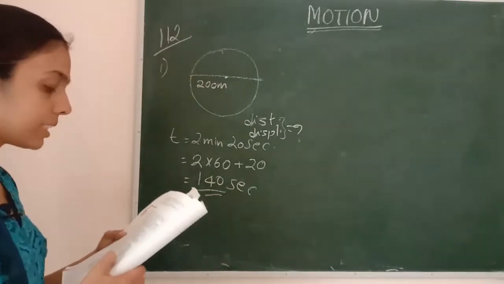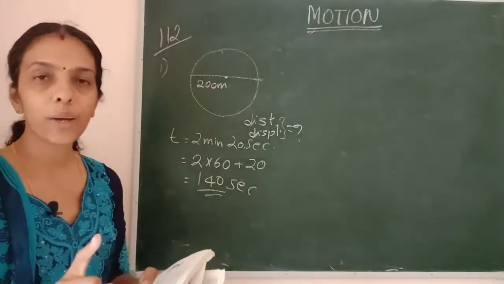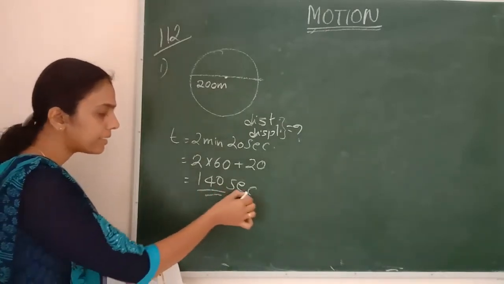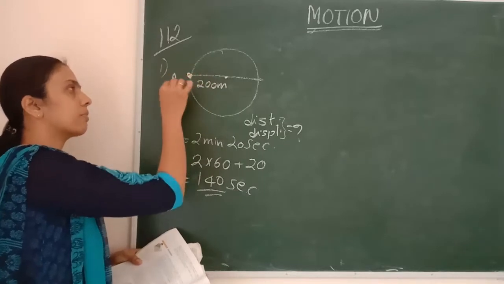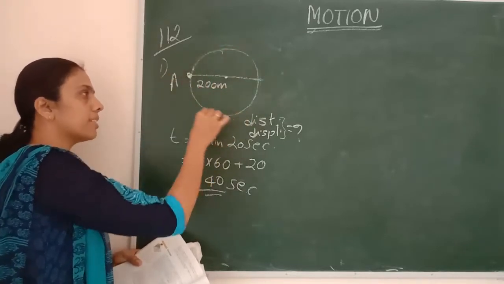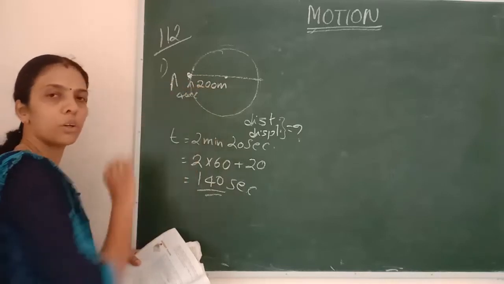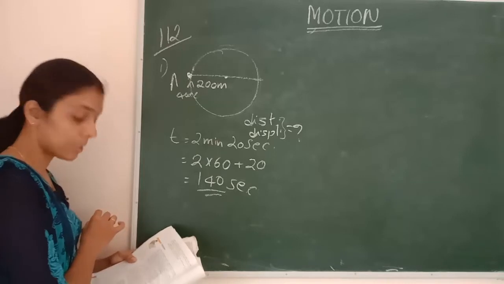He requires 40 seconds for completing one round. Maybe he is starting from this point and completing one circular round in 40 seconds.